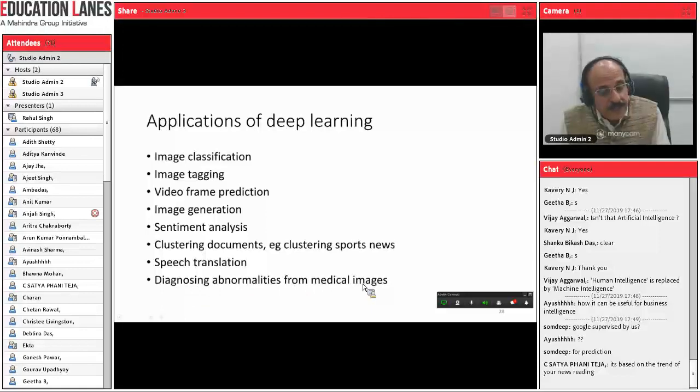Deep learning is used in diagnosing abnormalities from medical images, using lung images, for example, pneumonia, cancer. Deep learning can detect abnormalities in these images even when an expert doctor cannot.